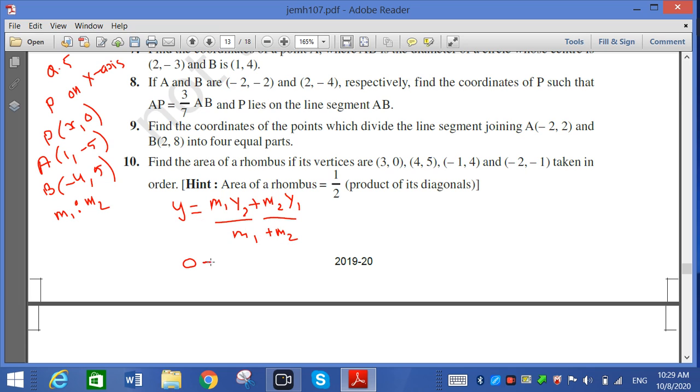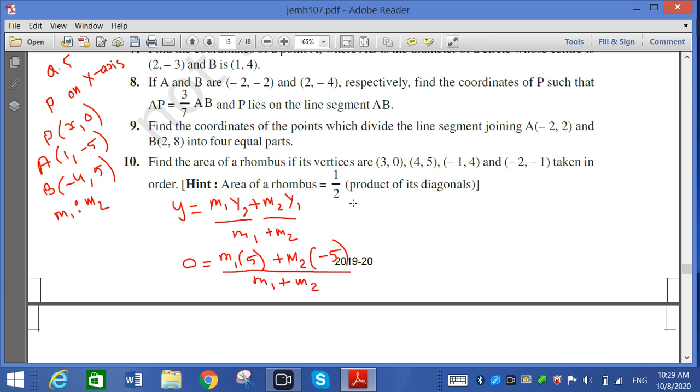Now 0 is equal to m1 y2, so here y2 is 5, plus m2 as it is, y1 that is minus 5, upon m1 plus m2. So the 0 will remain.